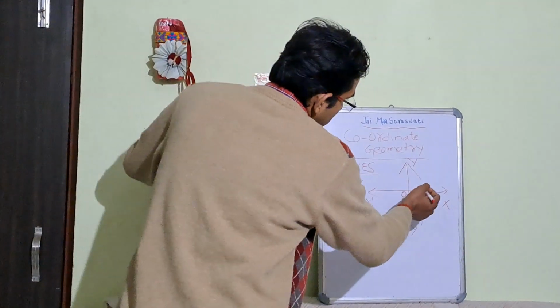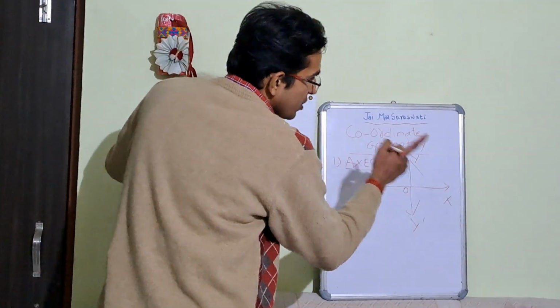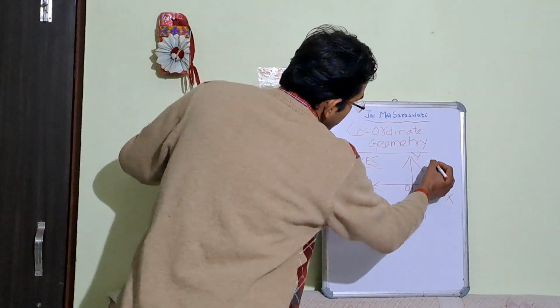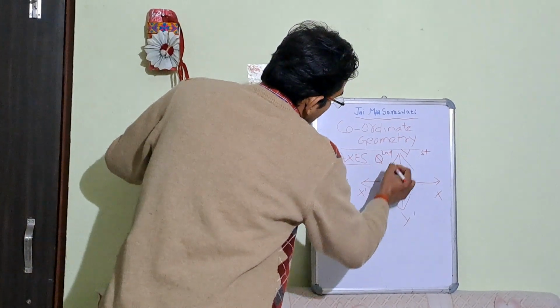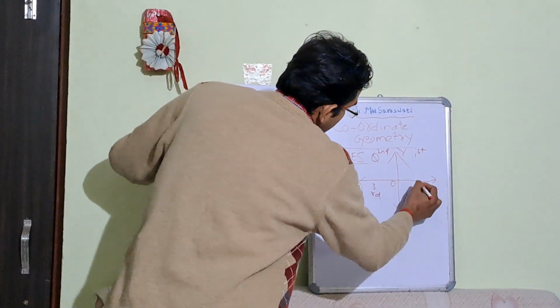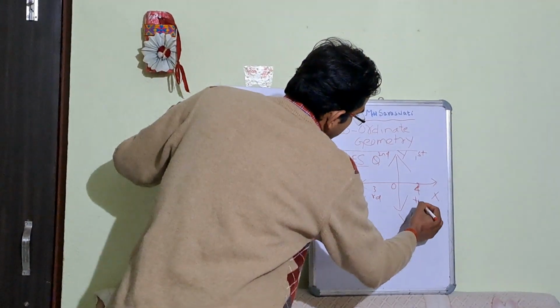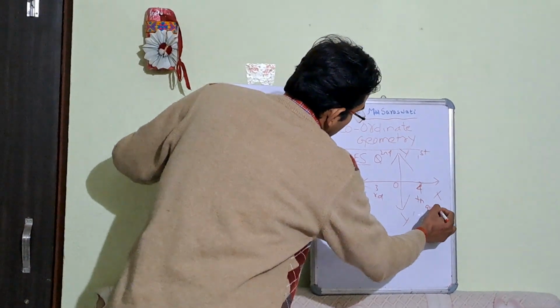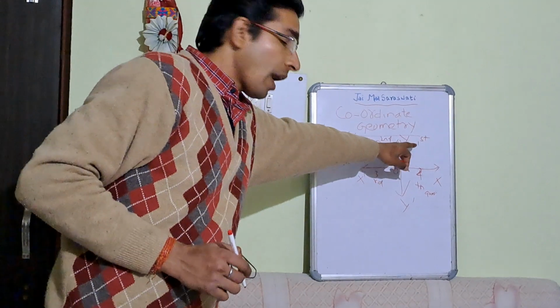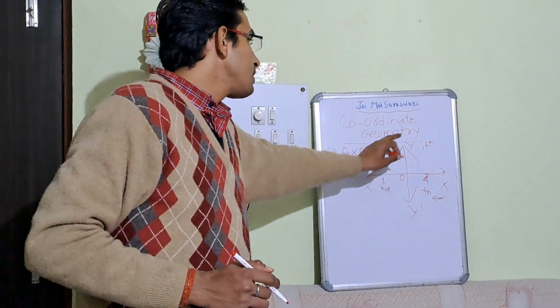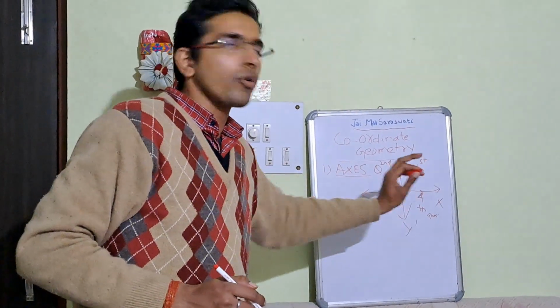The diagram is divided into four quadrants: the first quadrant, the second quadrant, the third quadrant, and the fourth quadrant.